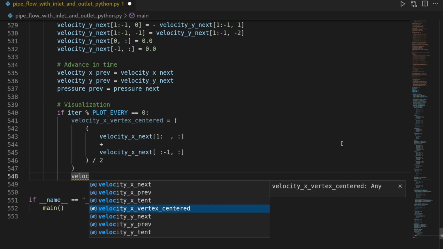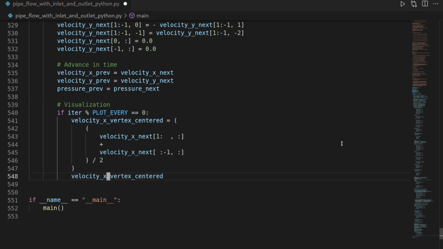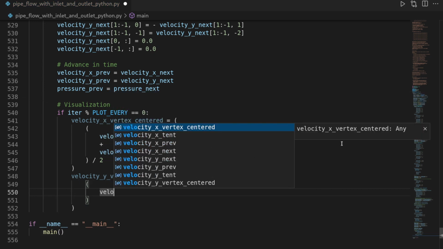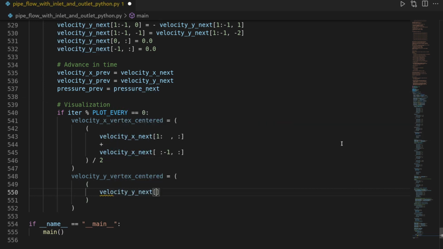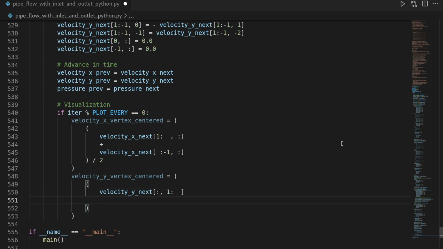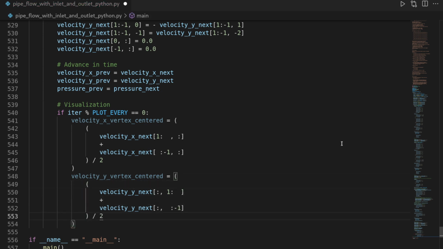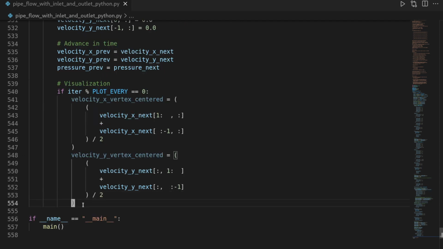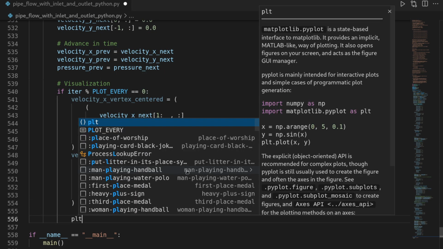So velocity y vertex centered, similar thing, velocity y next, all points in y direction, and then 1 to the end, plus velocity y next, all points, and then all the way to the very last element, excluding it, and then divide by 2. Then let's first create a contour plot to get a feeling for what is going on.